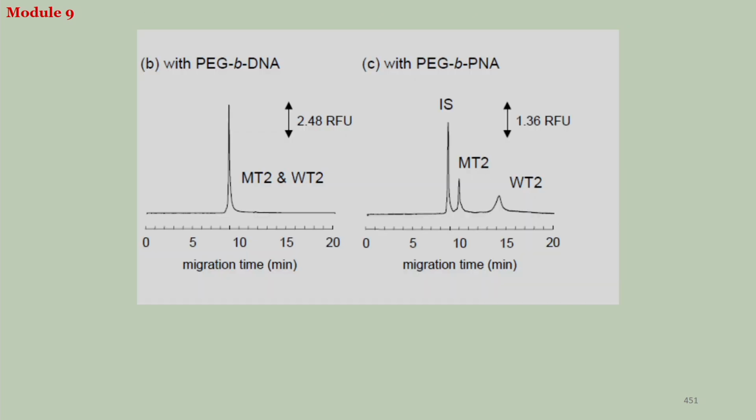In this case what we have done is, this was our PNA that had the polymer, right, and this one was the target wild type DNA, and that was forming a perfectly complementary complex here.